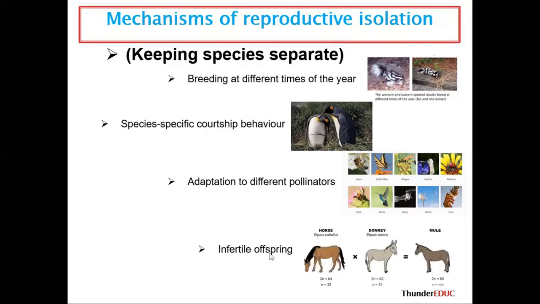Then you have, yes, you can have sex, you can produce a baby, but you end up producing an infertile offspring. For example, a horse which is 64, so when meiosis takes place, it is 32, and then a donkey which is 62, 31, when it divides, then they produce 32 plus 31 produces what?